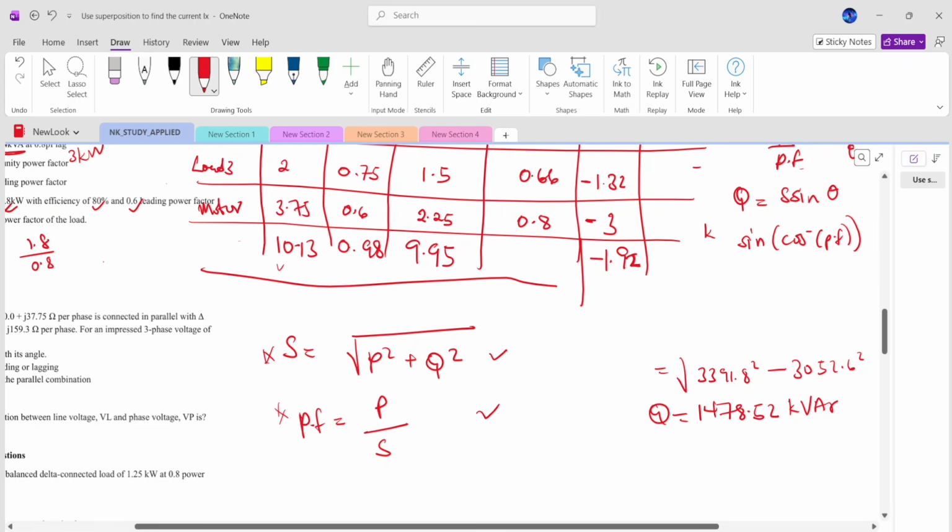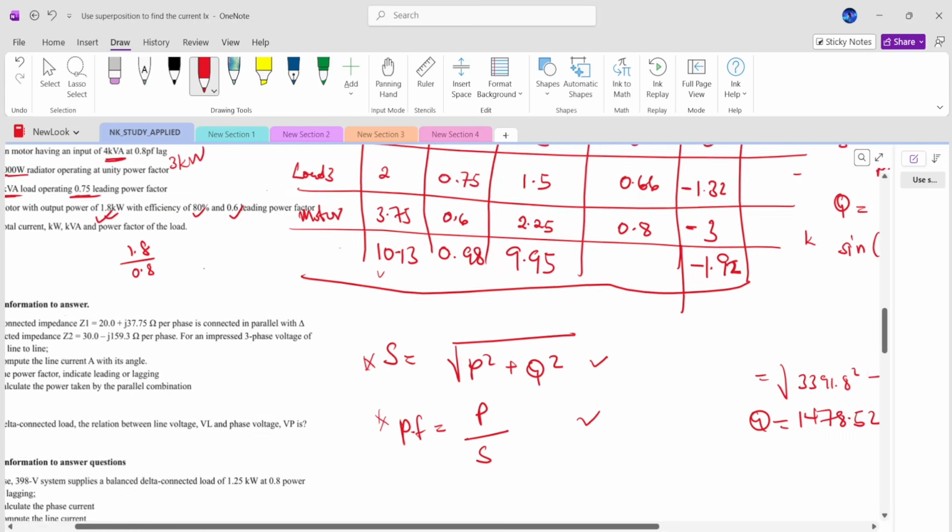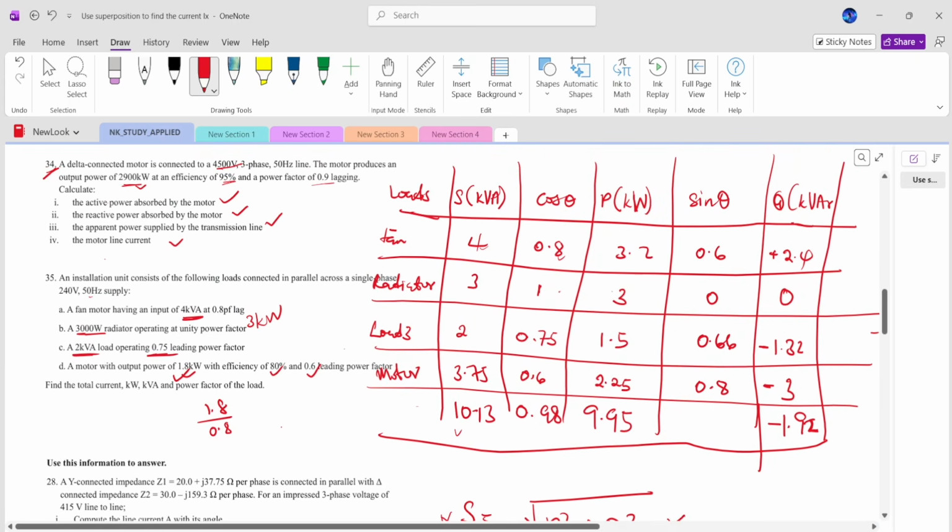Okay, now let's fill in what was requested from us. The first one was to find the total current. Total kilowatts is 9.95. Total kVA is 10.13, and total power factor of the load is 0.98.